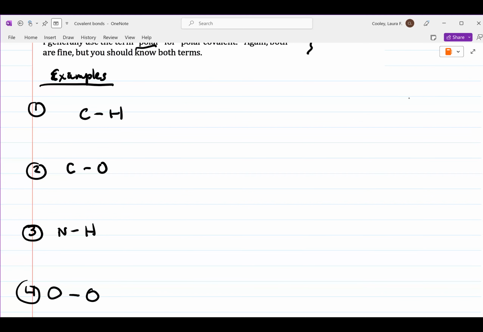I'd like you to calculate the difference in electronegativity, and then say whether it's polar or nonpolar. And also which atom would get a delta negative and which would get a delta positive if the bond is polar.